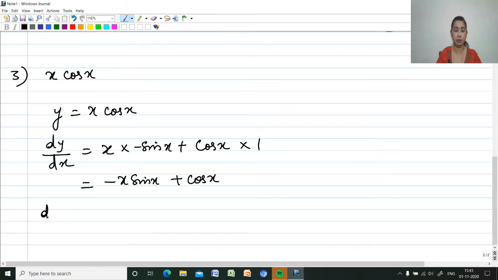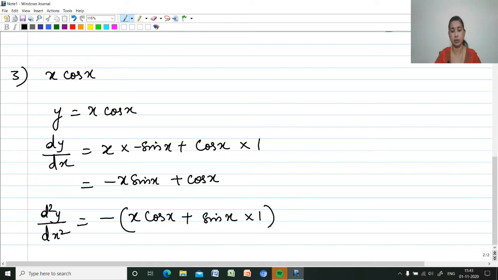Again we have to find out what is d square y by dx square. That's equal to minus, here we have to apply product rule, first function into derivative of the second, derivative of sin x is cos x, plus second function is sin x into derivative of the first is 1, and last term cos x derivative is minus sin x.